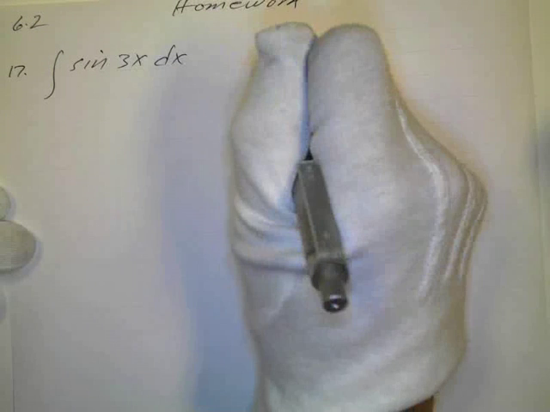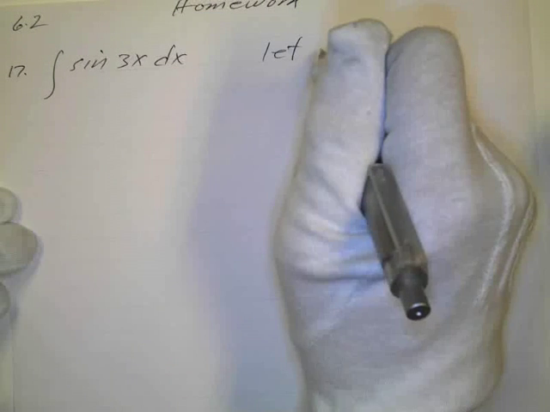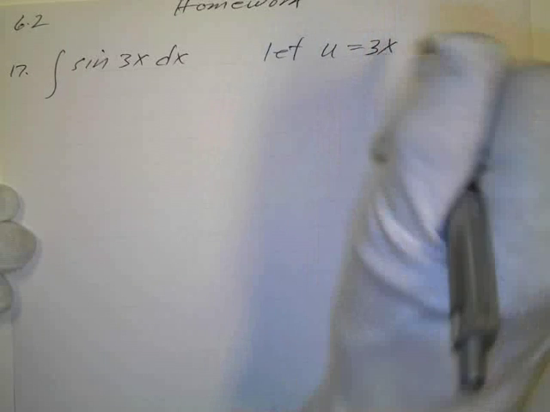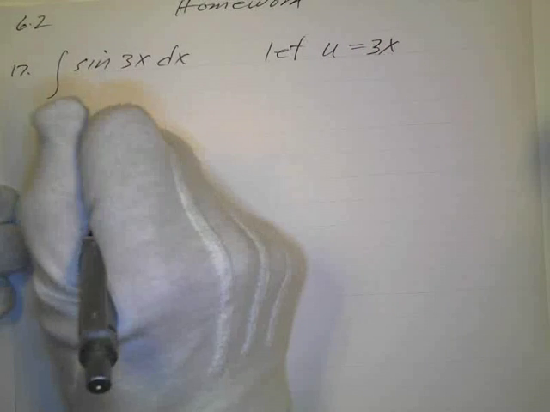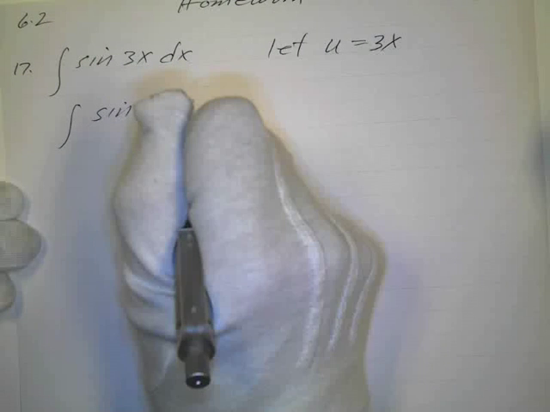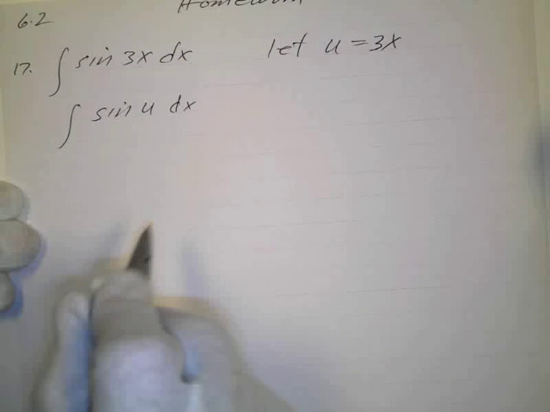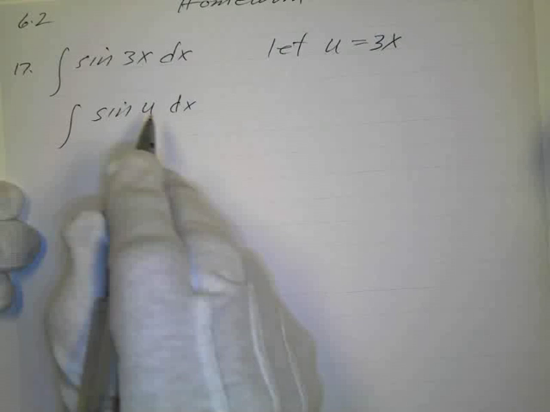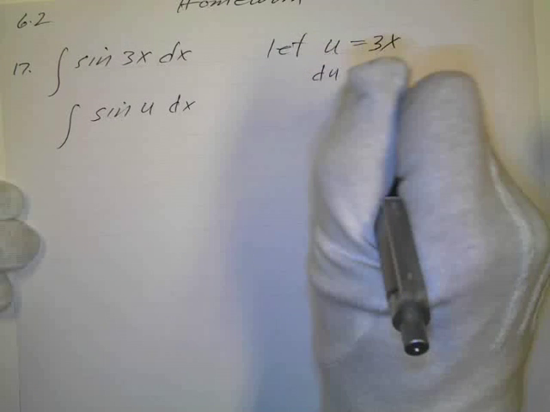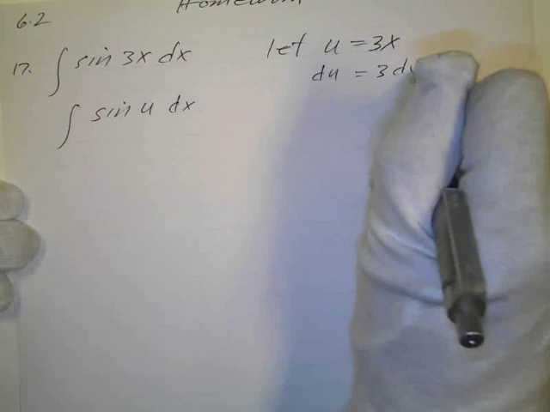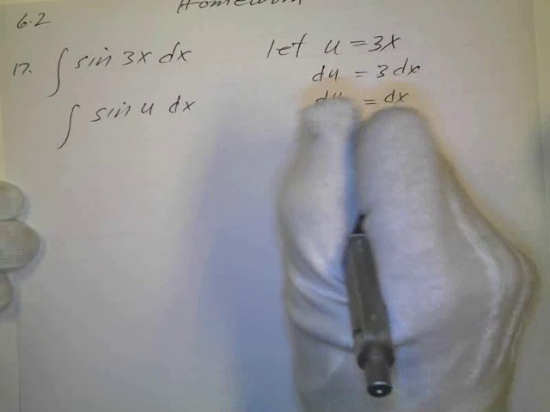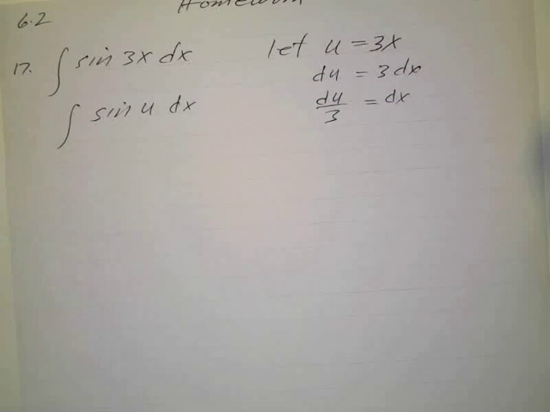Okay. So I'm going to let, they actually gave you the u, let u equal 3x, so they told you that. So I can rewrite this as the integral of the sine of u dx. But now we've got u and dx, so u and x, so we've got to fix this over here. So du equals 3 dx, so dx equals du over 3.